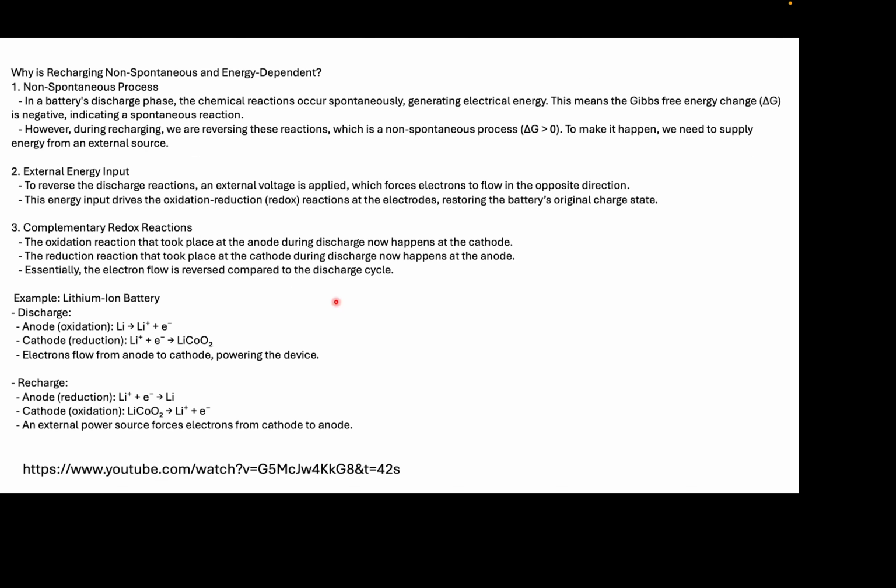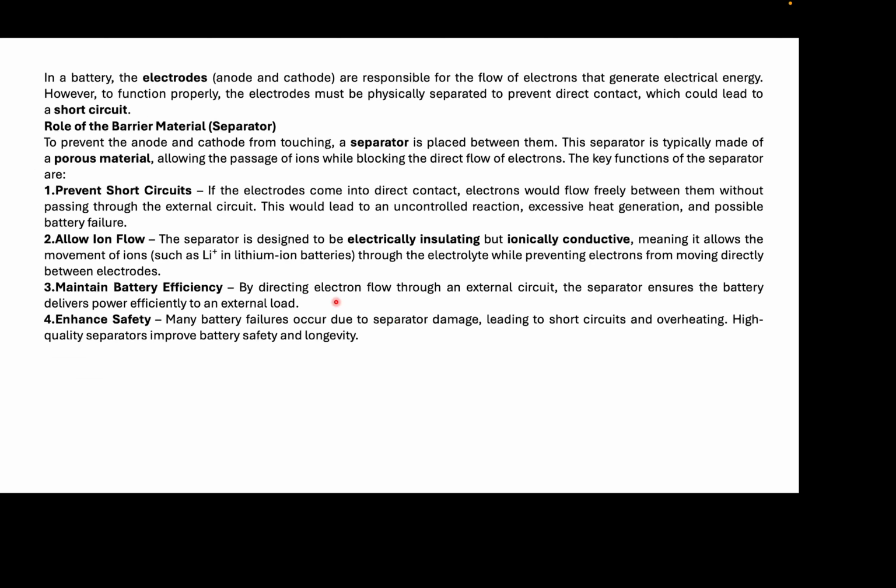Okay, nothing to discuss much about this. It's a very straightforward thing, why we need to keep the two electrodes separately. Because if we are not keeping the two electrodes separately, due to the spontaneous nature of the reaction, that is the redox reaction in which they are involved, the electrons will flow freely between them, and this process will be so spontaneous and so exergonic that it will release energy, right?